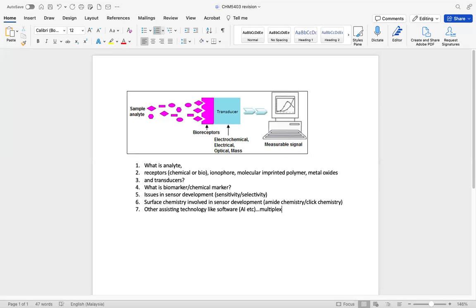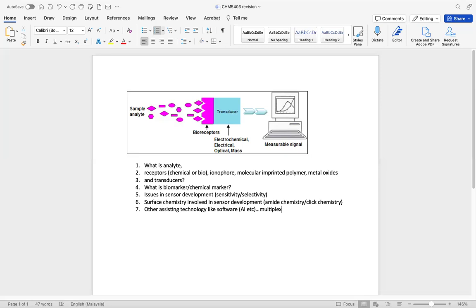So in order to do this, it's quite difficult if all the things are just manually done. It has to be assisted by software. Okay, for example, recently it is AI.